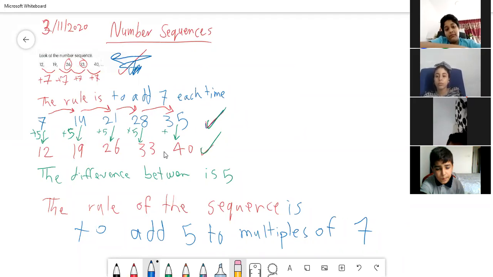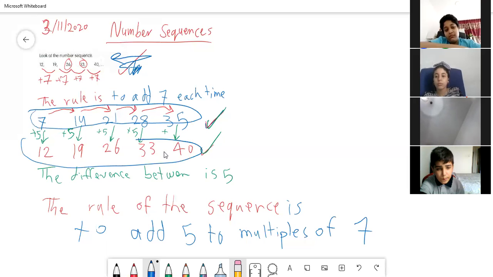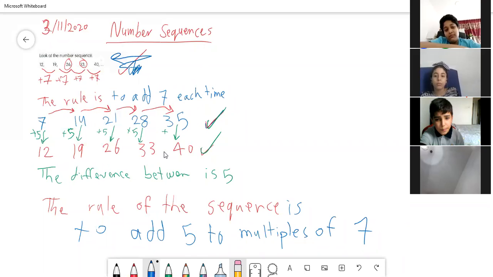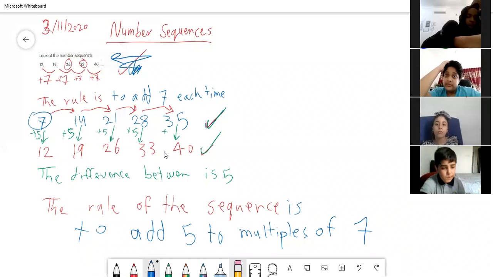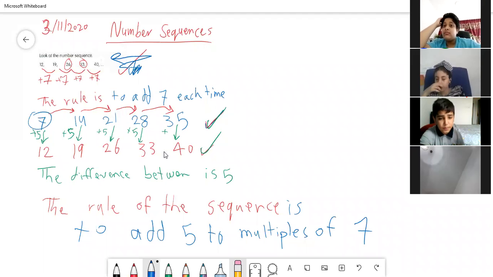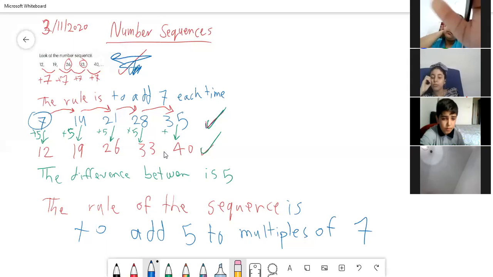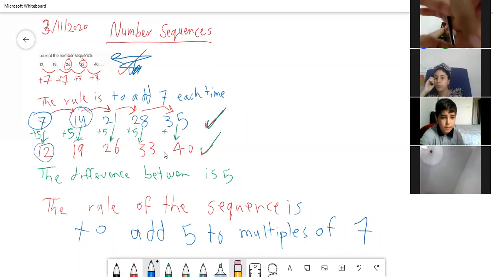The relationship between the multiples of 7 and this sequence is that we added 5 to each of the numbers. For example, we added 5 to the 7, so we got 12. We added 5 to the 14, we got 19, and so on.